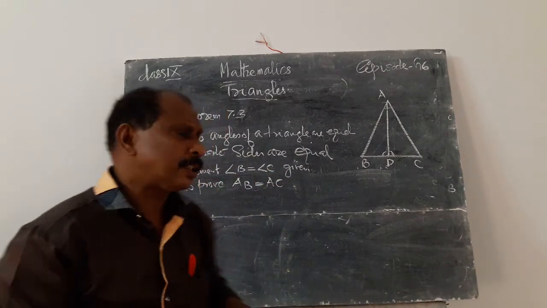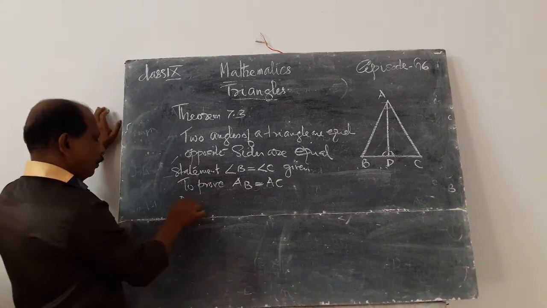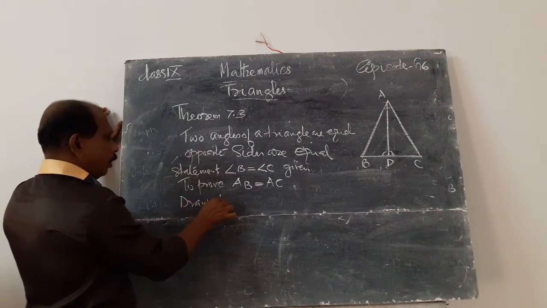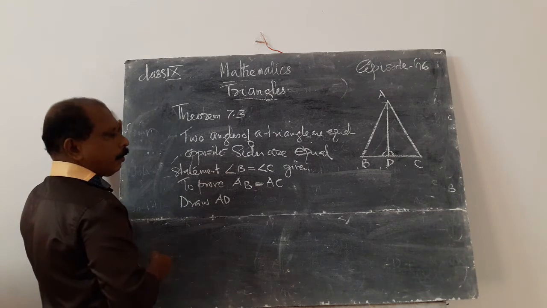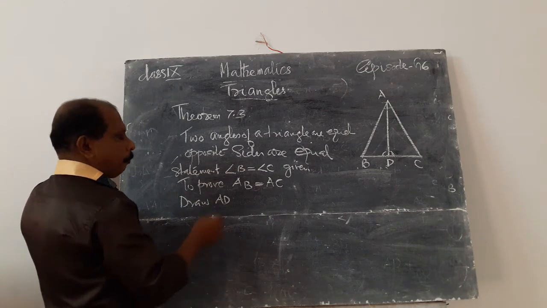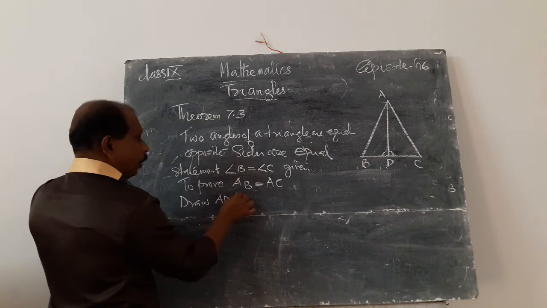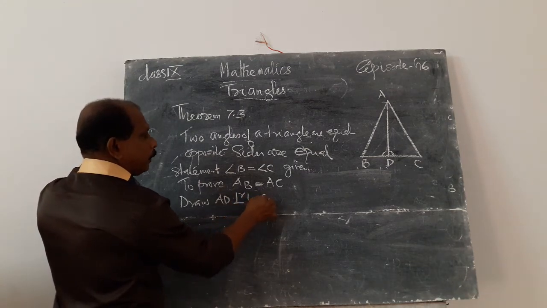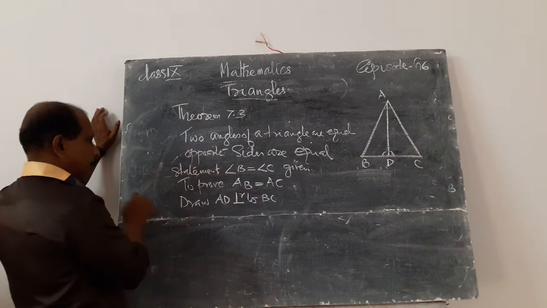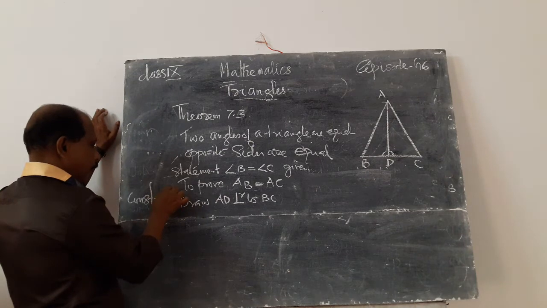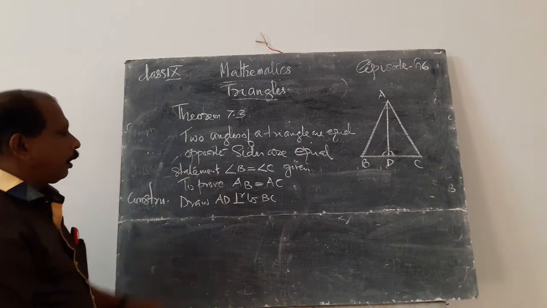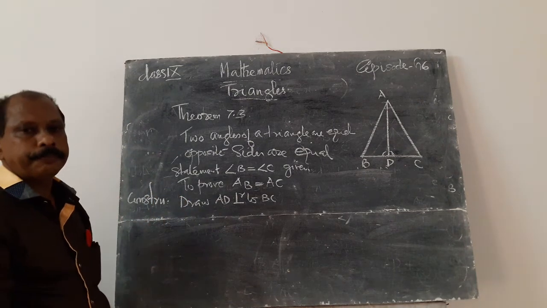Then what is the construction? Draw AD perpendicular to BC. That is our construction. Draw AD perpendicular to BC.